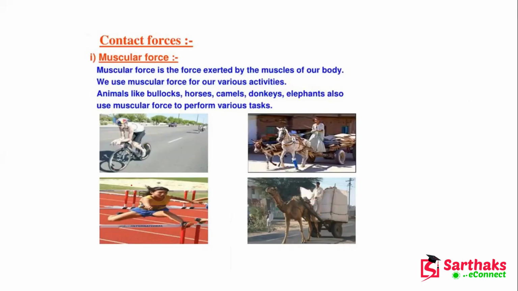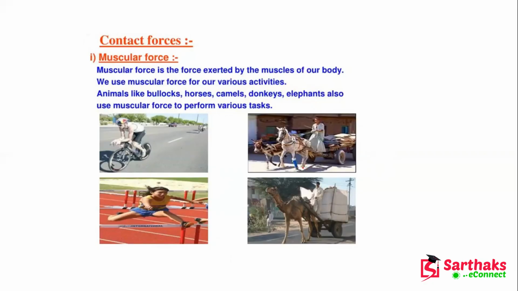Also, all of them are using the muscular force. Here the animals like bullocks, horses, camels, donkeys, and elephants, all those animals we are using to carry some heavy objects, right? Or for the movement of any object from here to there, we are using those animals.